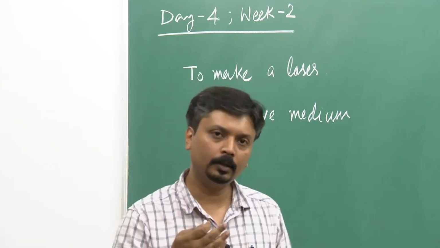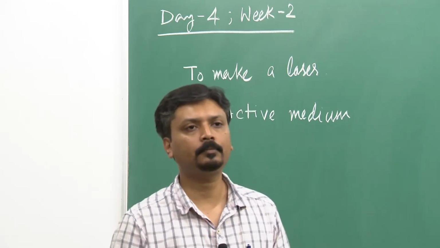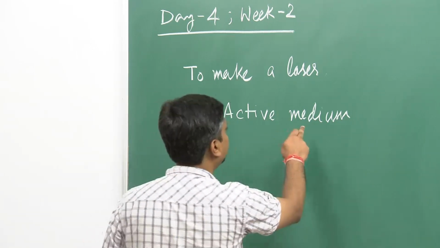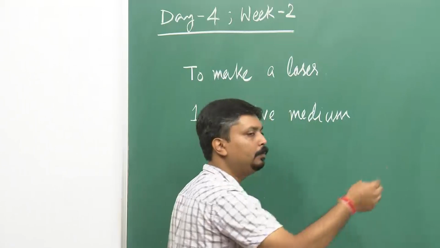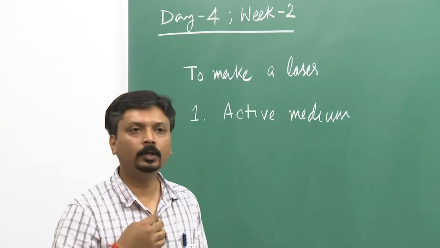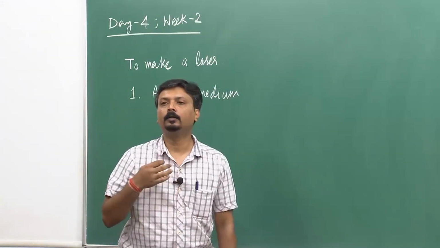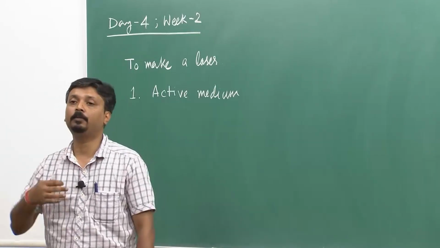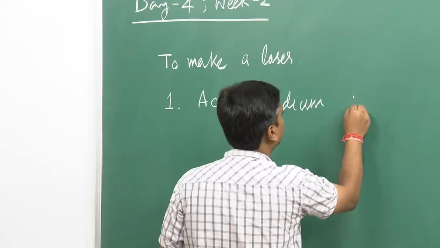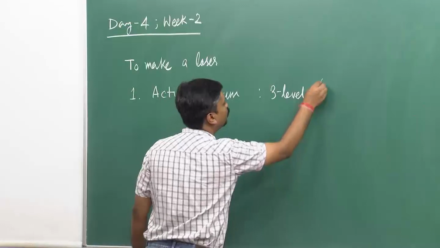So, the material that will have electronic states that can give rise to population inversion can work as an active medium. You can choose the particular type of material system that you want based on the kind of laser that you want, based on the type of frequency that you want, based on the type of power that you want. So, you can choose systems which are maybe a 3-level system or 4-level system.